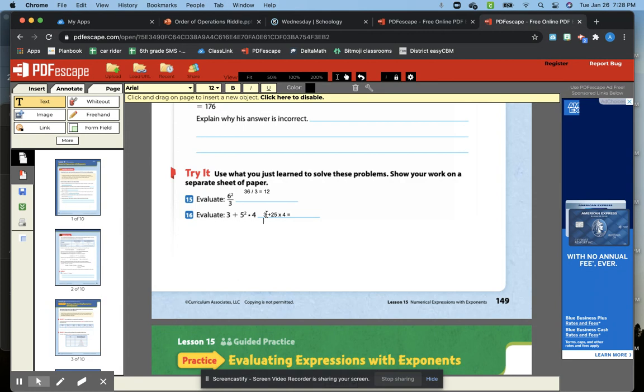We can think of 25 like quarters. If I have 4 quarters, I have $1 or 100 cents. So that leaves me 3 plus 100, and my final answer is 103. Remember, as you are going down and writing your steps, things should be getting more narrow, because you're narrowing it down to one answer.